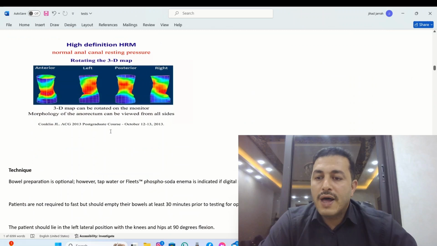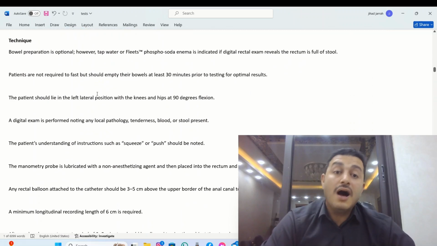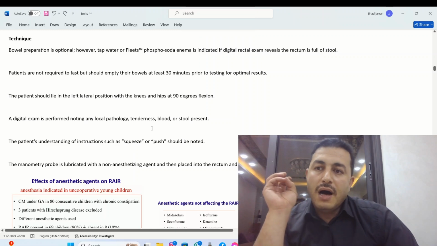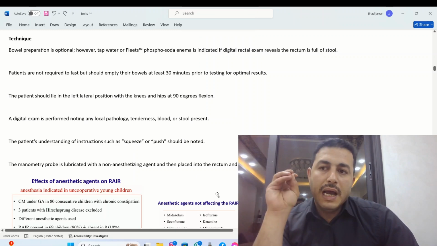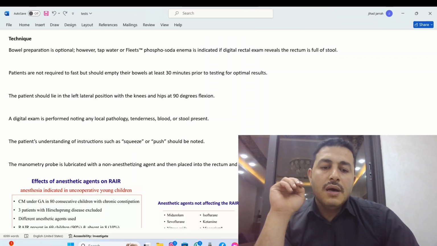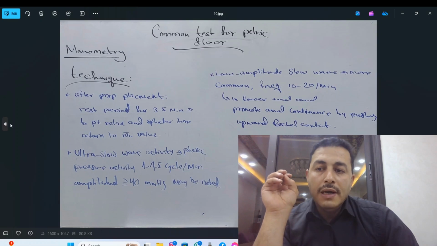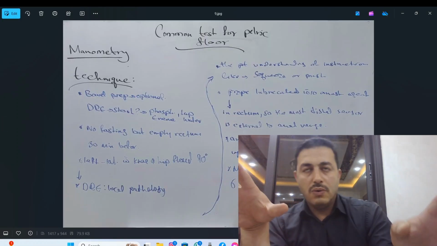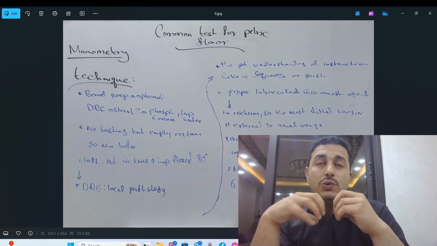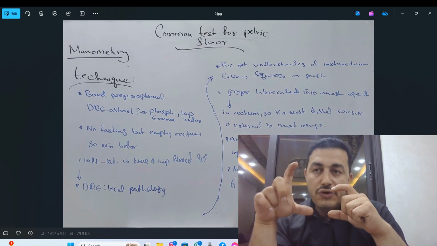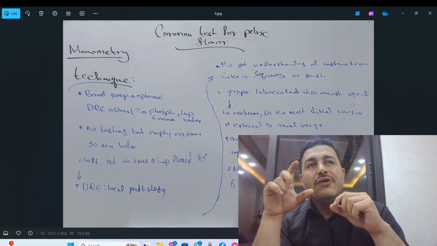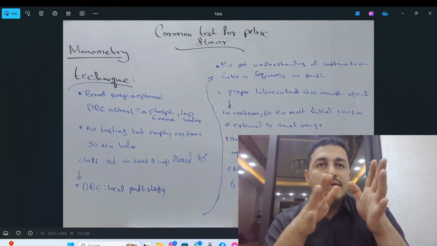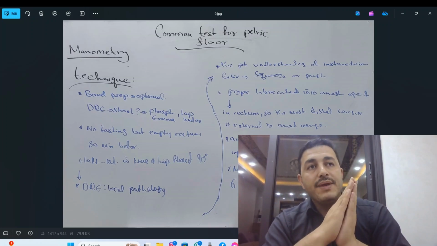Let's move to the technique. How should we perform manometry? First of all, do we need bowel prep? The answer is no, it's optional. But what we need is a clear anal canal and a relatively clean rectum before the exam.